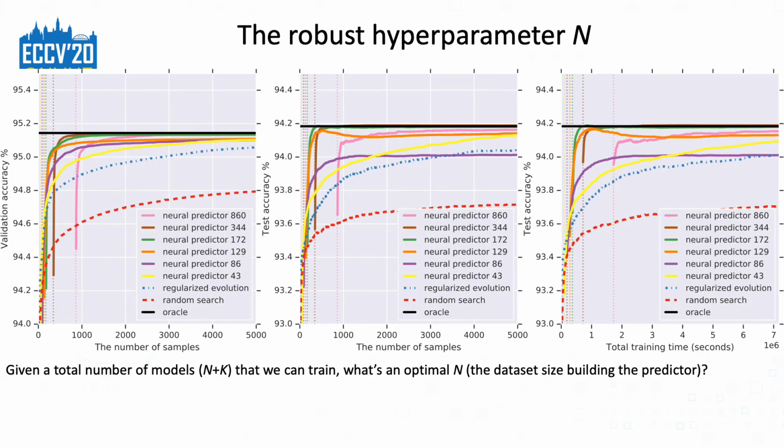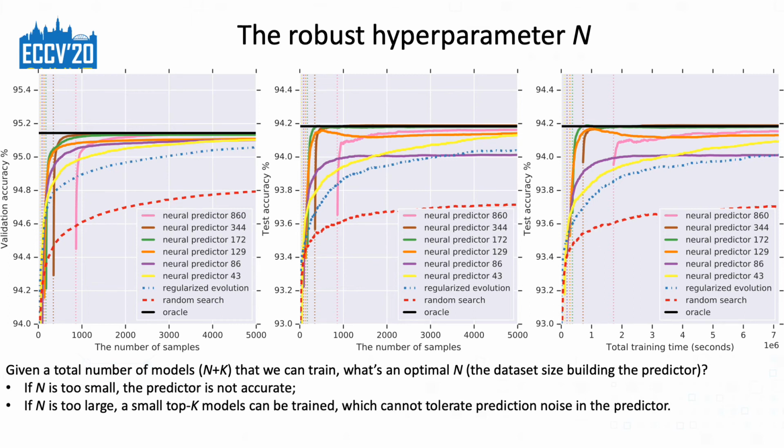In the use of Neural Predictor, we may want to ask this question: given the total number of models that we can train, what's our optimal n? The figure shows the result. Obviously, if n is too small, the predictor is not accurate and the Neural Predictor can be less efficient.